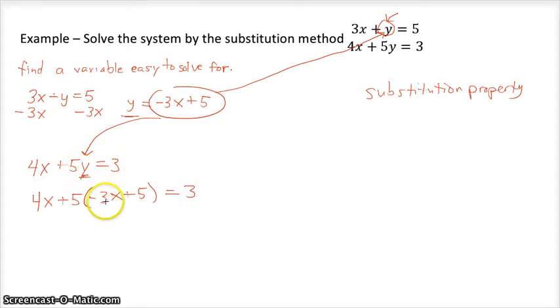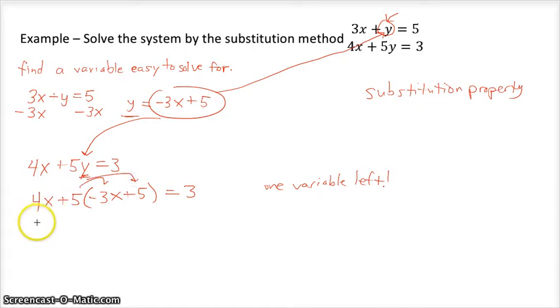Now it looks like a long drawn out equation, but what I did was I replaced y with what y was equal to, so now I only have one variable. There's only one variable left. I can solve for that variable. Deal with the parentheses, the distributive property.